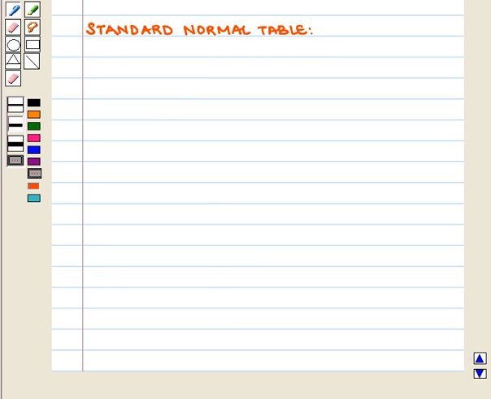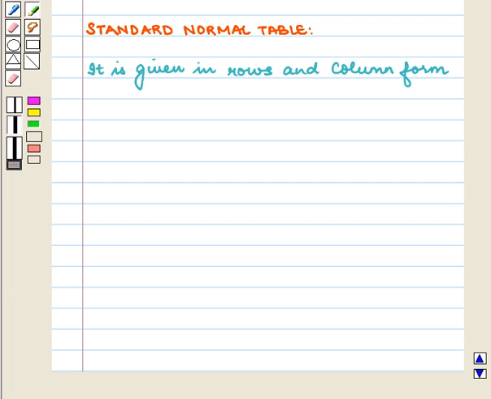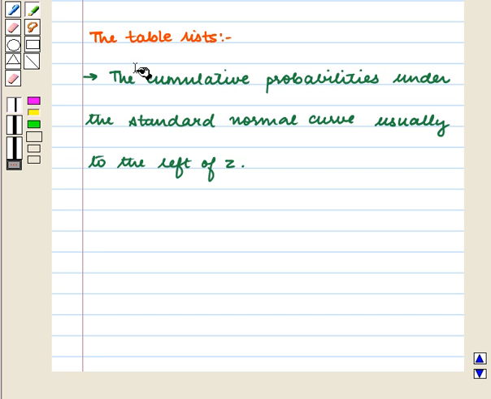Let us now discuss the standard normal table and finding probabilities using it. The standard normal table is given in rows and column form. The table lists the cumulative probabilities under the standard normal curve, usually to the left of z.